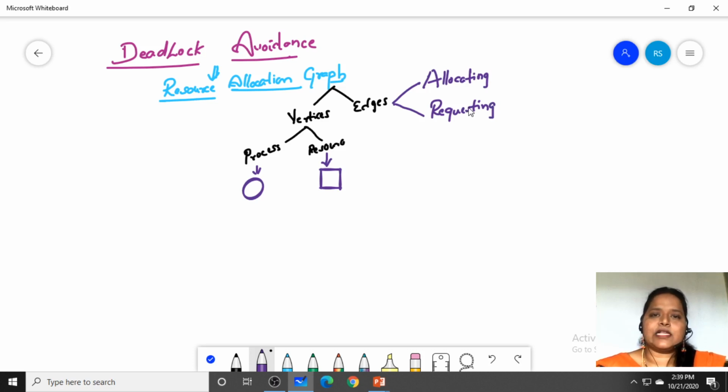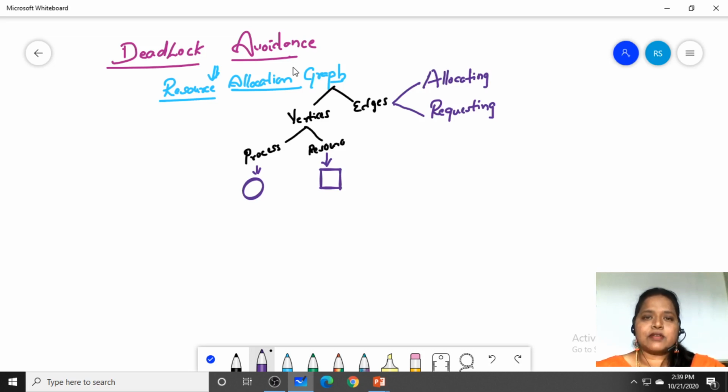Fine. Why do we make use of the resource allocation graph in deadlock avoidance? When we are aware of which process is handling which resource, we can say by looking at the resources whether a deadlock may occur or not.